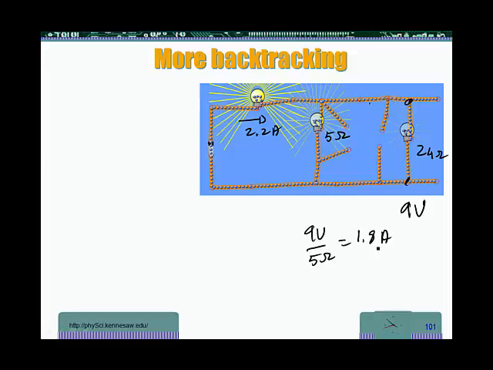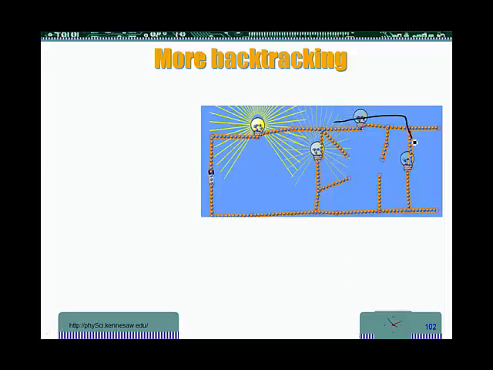And the current through the 24 ohm resistor is going to be 9 volts over 24, which is 0.375 amps. Here we still have the 0.375 amps.